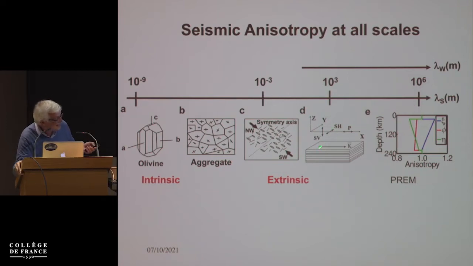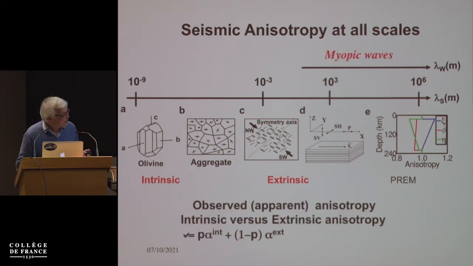It is classical now to distinguish intrinsic anisotropy, which is present whatever the scale and is basically related to mineralogical anisotropy, and extrinsic anisotropy, which comes from processes that give rise to anisotropy by mixing different media, layering and so on. So we have these two kinds of anisotropy.